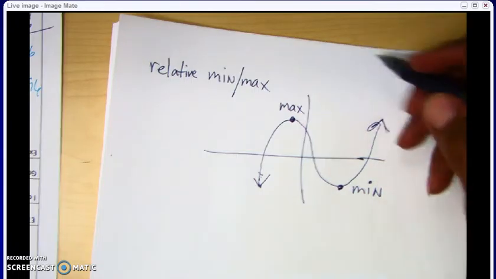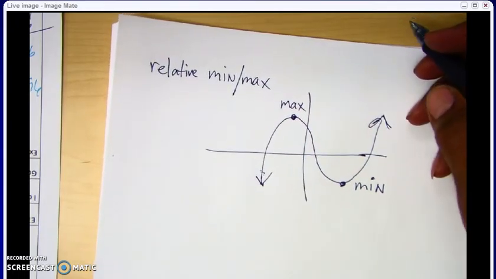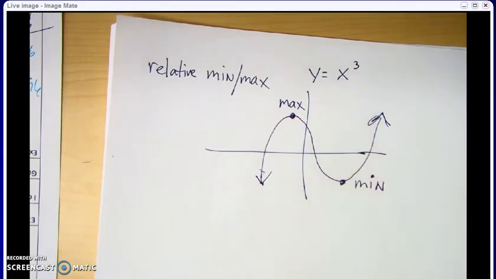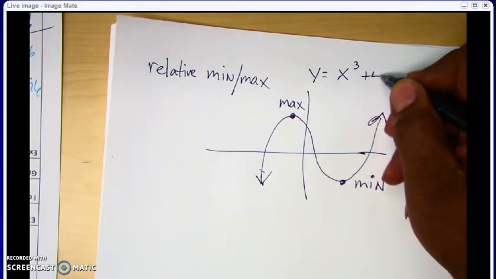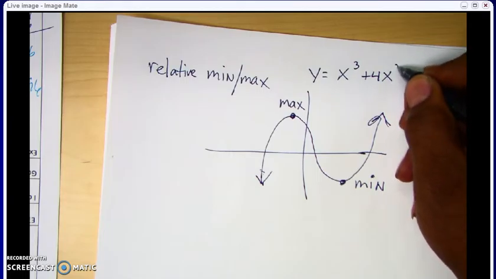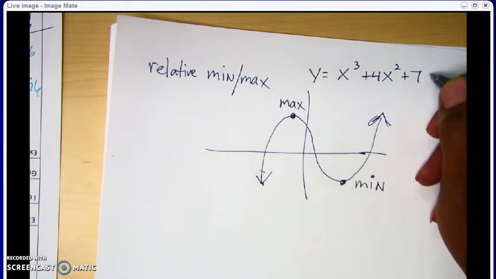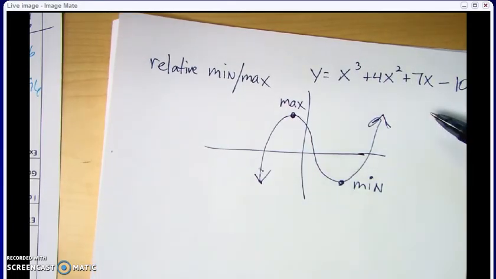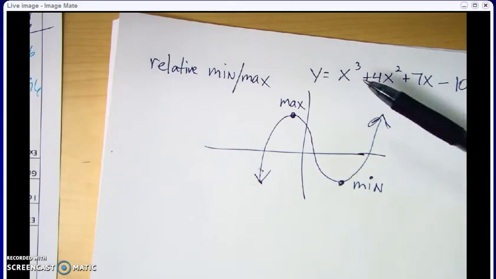And then they're going to give you some function up here. I don't know, let's make up something. Y equal to x cubed plus 4x squared plus 7x subtract 10, something like that. And then they're going to give you some choices down here, and they're going to ask you what is the relative maximum or minimum.